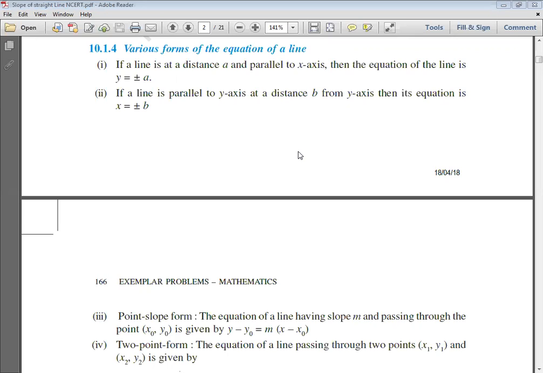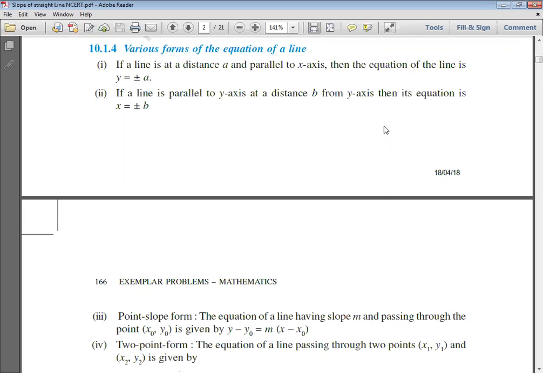So many different kinds of graphical structures are there in two-dimensional and three-dimensional geometry. Out of all these structures, one basic structure is the straight line.